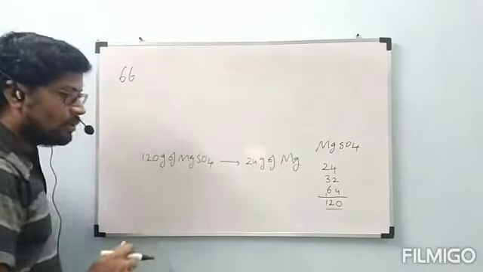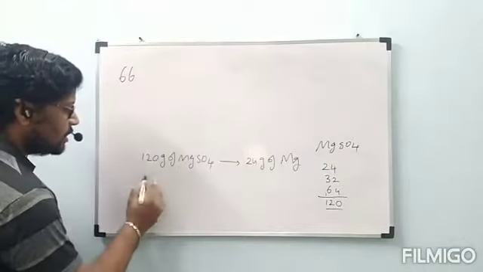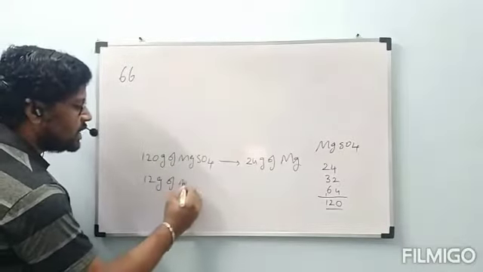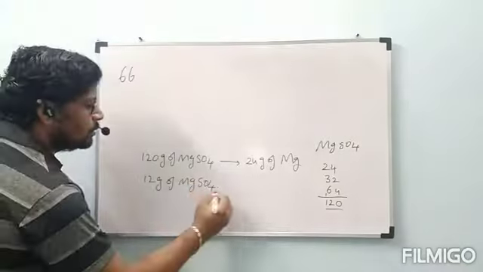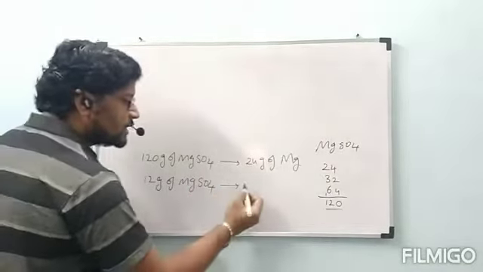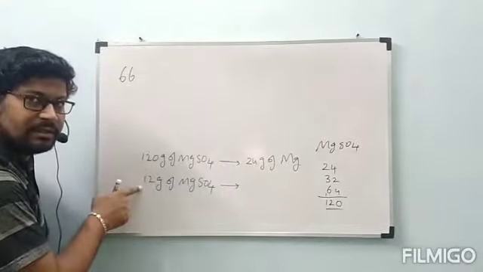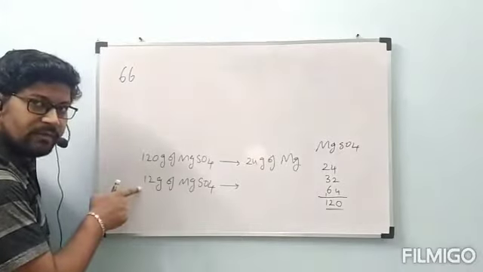But how much MgSO4 do we have to prepare? That is 12 grams. 12 grams of MgSO4 must contain how much magnesium? See, this is divided by 10. 120 divided by 10, we get 12.